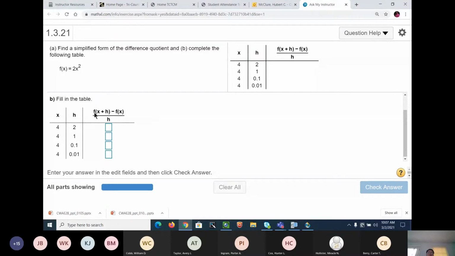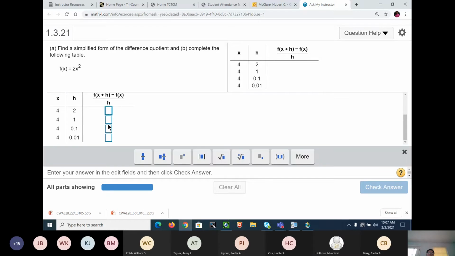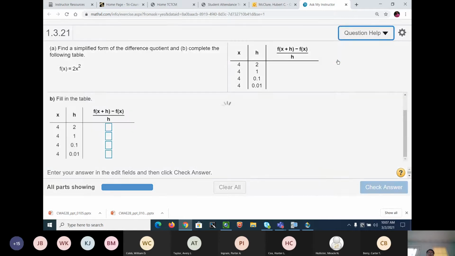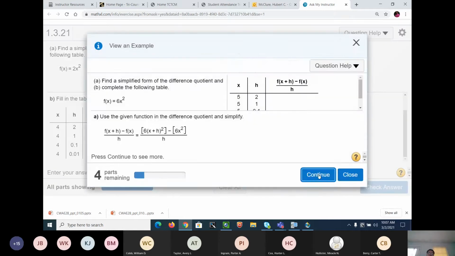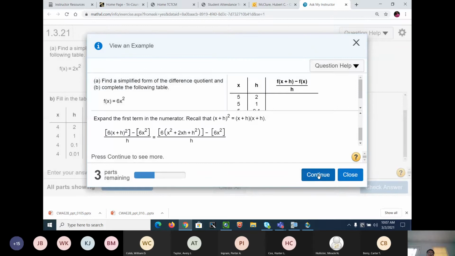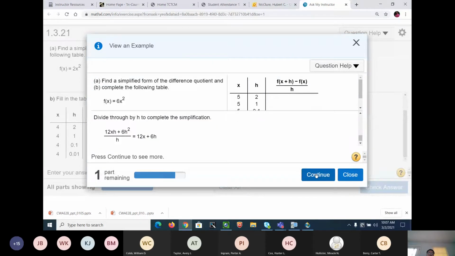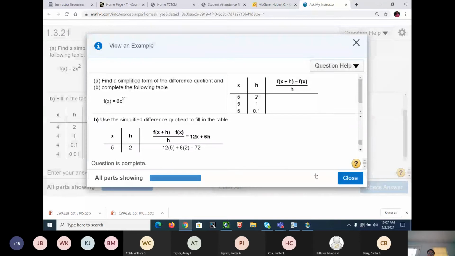Well, x plus h, so that's going to be 4 plus 2 is 6. I don't know what they're wanting here. Let's see what they're doing. They're plugging those numbers in. I've never done this before, so that's why I'm... Yeah, they're plugging them into the x plus h.